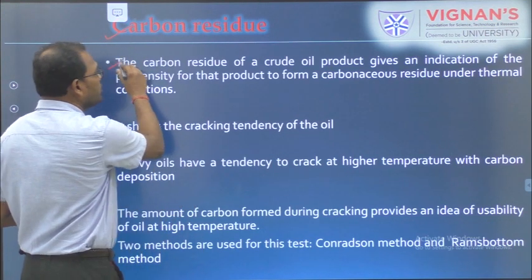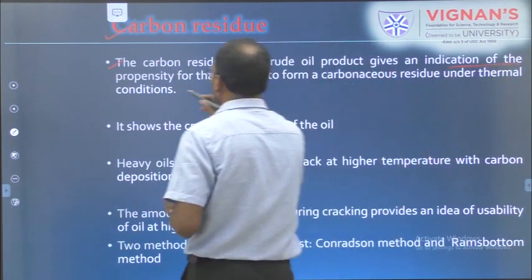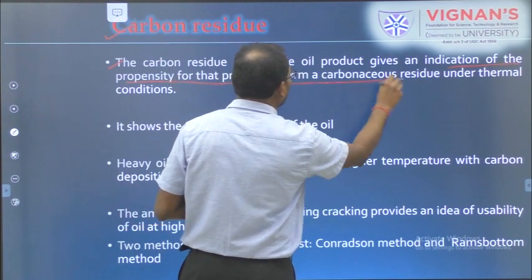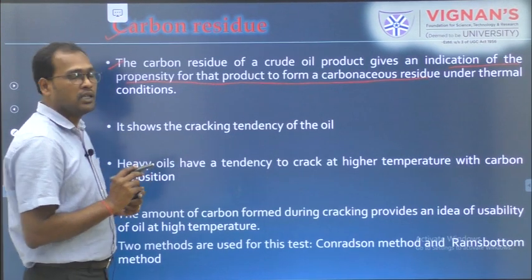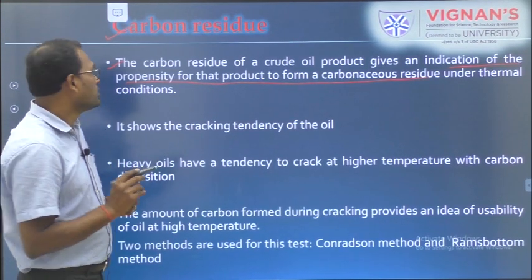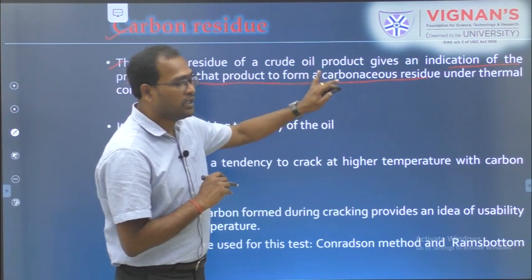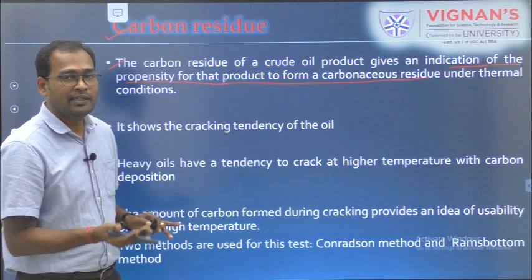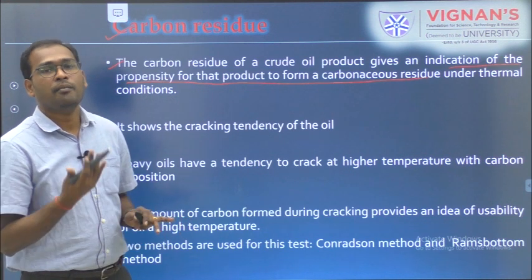The carbon residue of a crude oil product gives an indication of the propensity of that product to form carbonaceous residue under thermal conditions, that is, the amount of carbon deposited when the material starts burning.